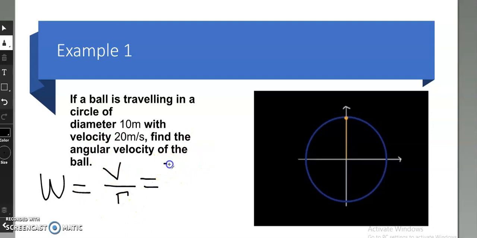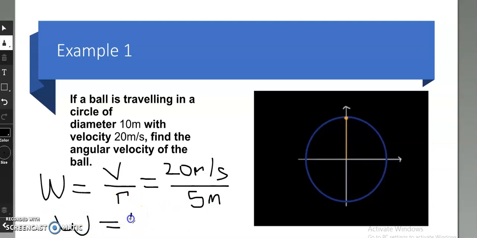We were given a velocity of 10 meters per second and a radius of, well, this says 10 meters. That's the diameter, so the radius is exactly 1/2 of that. So that's going to be 5 meters. And I get that to be 4 hertz.